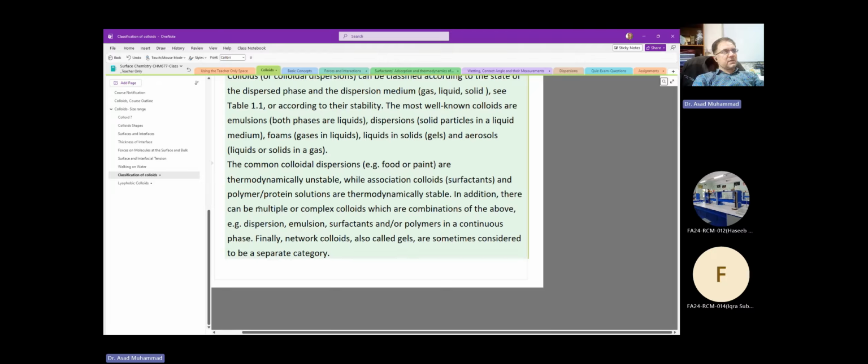In addition, there can be multiple or complex colloids, which are combinations of dispersion, emulsion, surfactant, polymer, and continuous phase, etc. Then we have network colloids, also called gels, and they are sometimes considered to be a separate category. And this is a very important category, which is nowadays used for drug delivery.